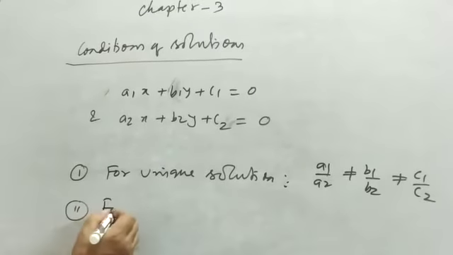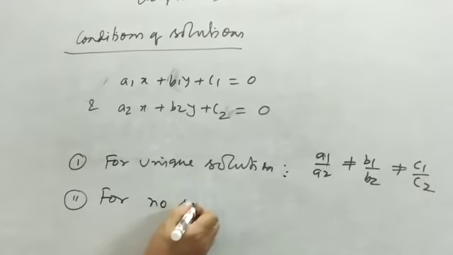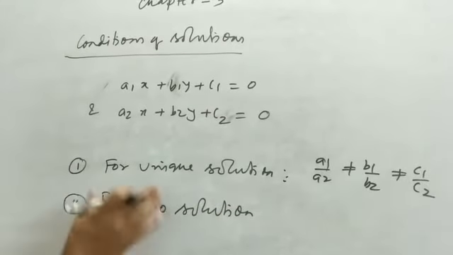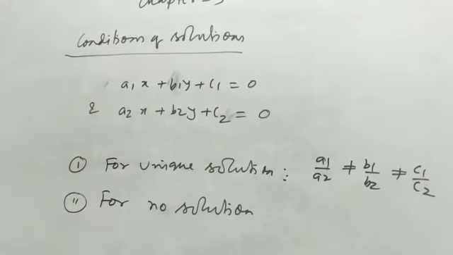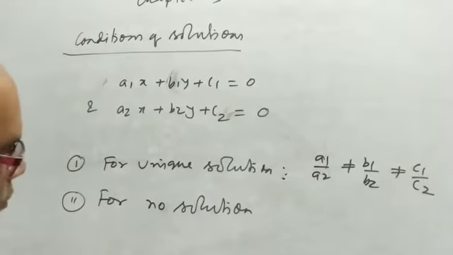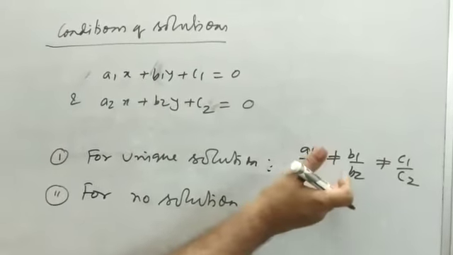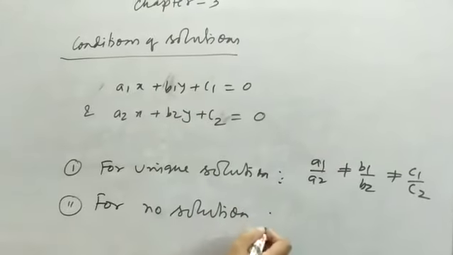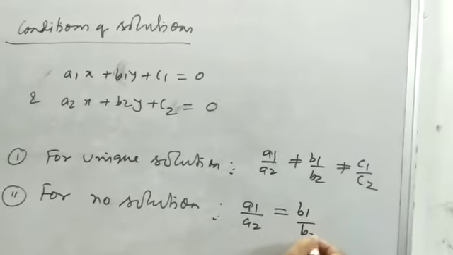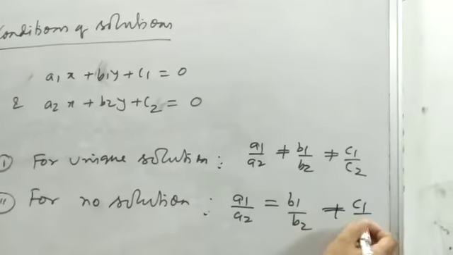Now number 2, for no solution. If we draw the graph here, you will see that the graphs will be parallel. If two graphs do not intersect, the equations will not have any solutions, whereas in the previous case the graphs intersect. Then what is the condition? Here the condition is a1 by a2 is equal to b1 by b2, not equal to c1 by c2.